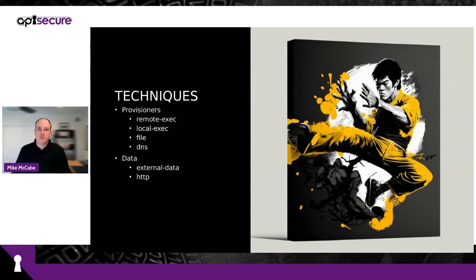This is a very small list of things you can do. The bad thing about this is these are all pretty much built into Terraform itself, so this isn't relying on a third-party provider. These are all Terraform provided functions, so this isn't something that's easy to remove from a Terraform implementation because it's not a third-party service. So we'll go over some of these.